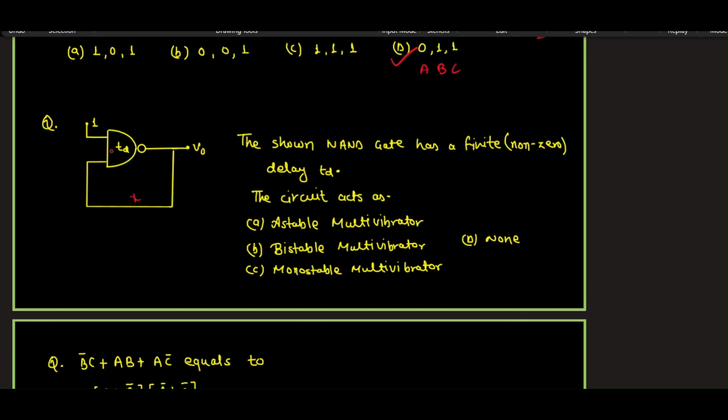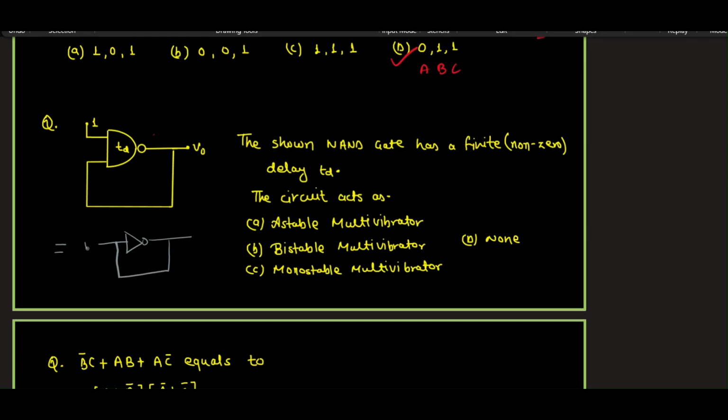Let me call it X. So 1 and X will become X bar, and then 1 and X bar will become X. What I mean to say is that if one of the inputs of the NAND gate is 1, it will behave as an inverter itself.